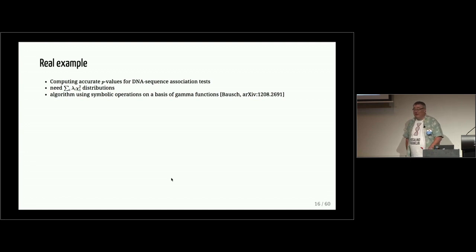I was interested in computing accurate p-values in the extreme right tail of a quadratic form in Gaussians. These come up in some DNA association tests. And there's an algorithm for doing this that uses symbolic algebra on a basis of gamma functions.